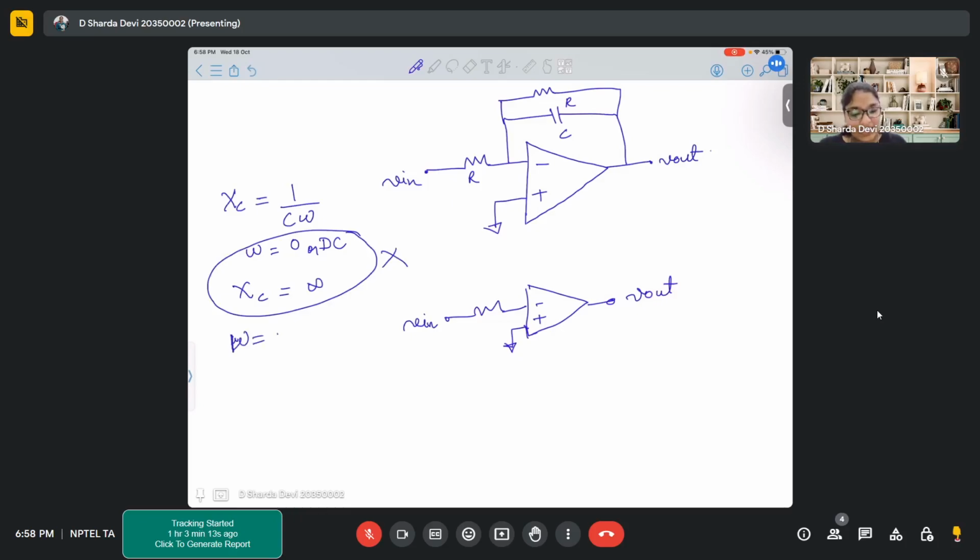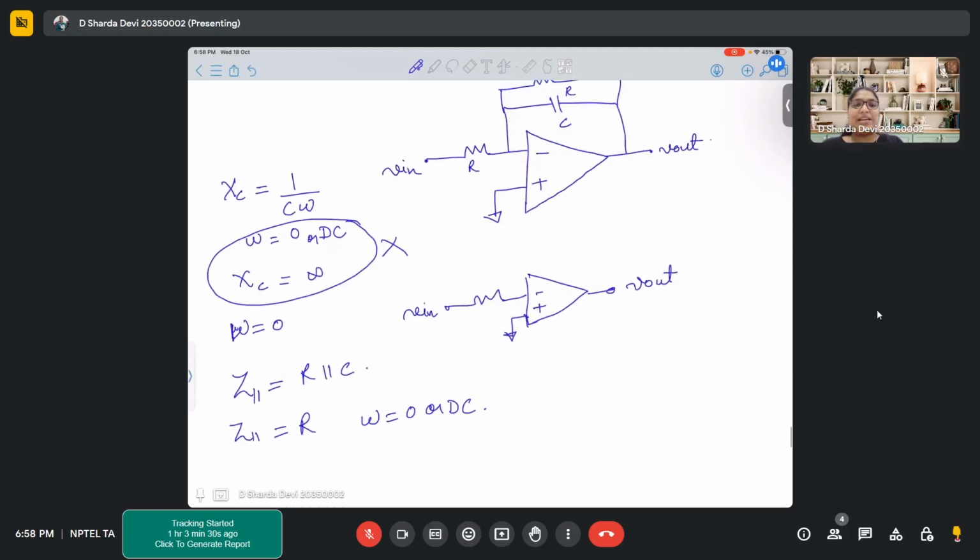If omega is 0 or DC, then Z parallel, which is R parallel to C, will be R. So it will still work with negative feedback rather than becoming a comparator.